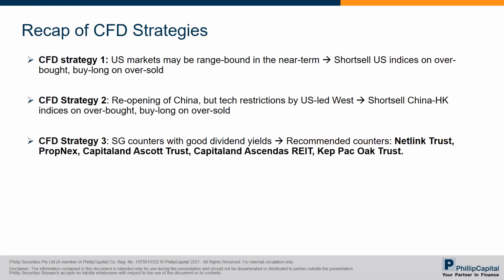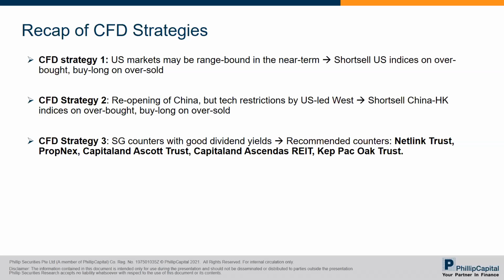A summary of the three strategies we have mentioned in this session. For US, we are looking at a sideways range bound market. So to buy long in an oversold situation and to short sell when the rally is overbought. And this is a similar strategy for China, Hong Kong. And for Singapore, our strategy will be to look into counters with a good dividend yield.